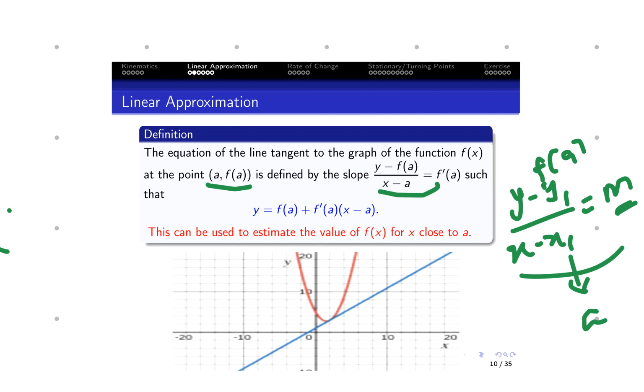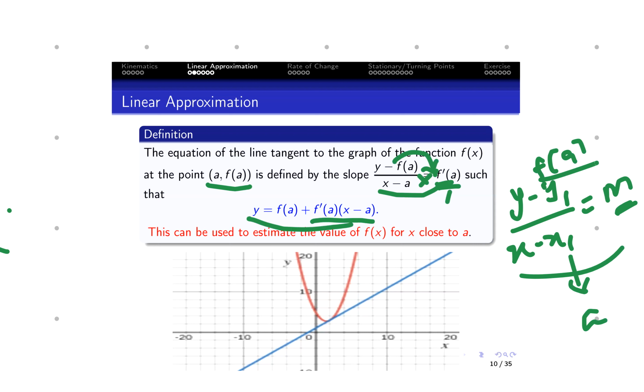So you have the slope: y minus f of a all over x minus a equals f prime of a. Cross multiply, so you have f prime of a multiplied by x minus a, and then transfer f of a to the other side. So your y is f of a plus f prime of a times x minus a.